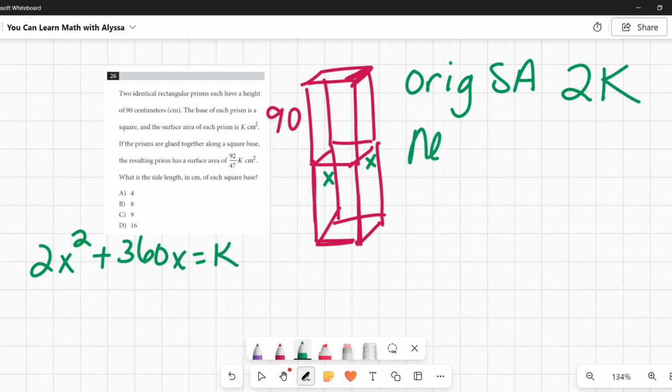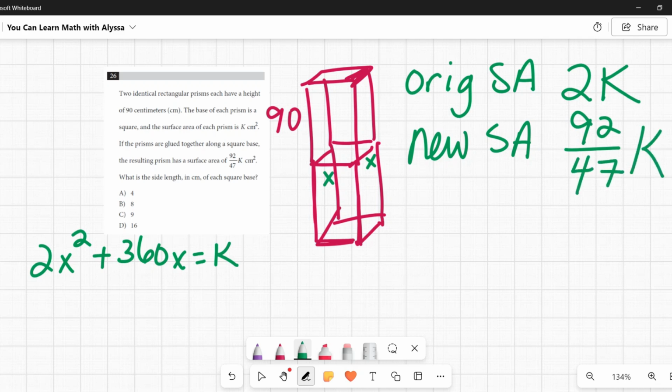The new surface area is 92/47 k. So what does that mean? What disappeared? We've gone from 2k to 92/47 k. What is the difference between these?